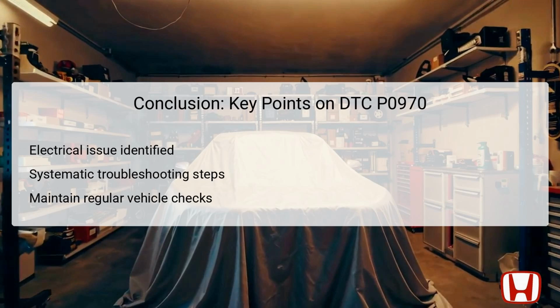Preventive maintenance measures, including regular fluid inspections and software updates, can mitigate the occurrence of this error code in the future. Understanding and addressing the causes and effects of DTC P0970 allows mechanics to ensure that vehicles provide reliable performance and safety for everyday driving.